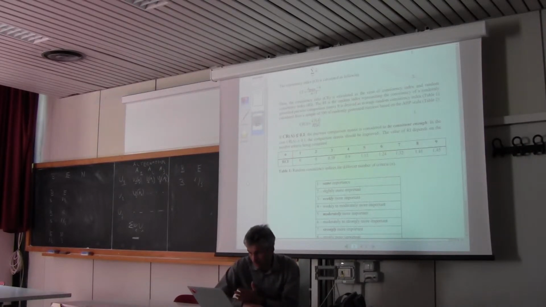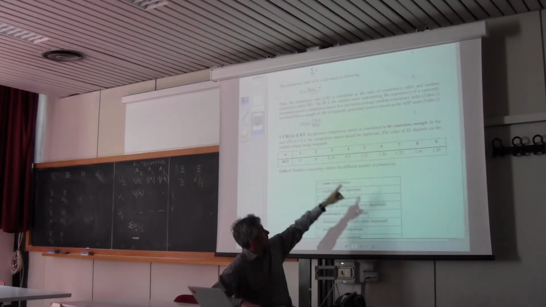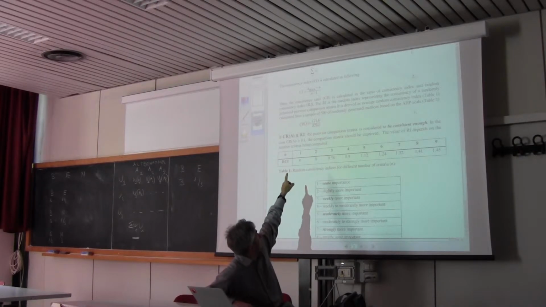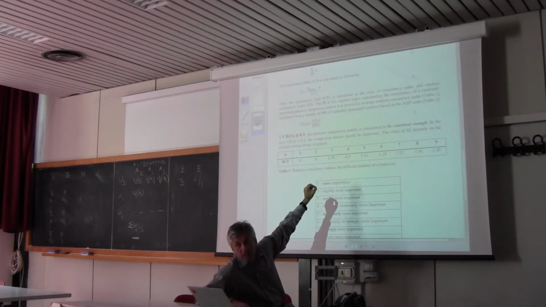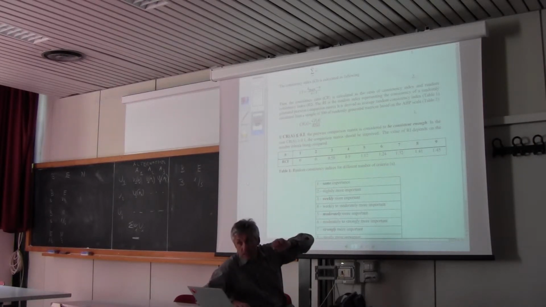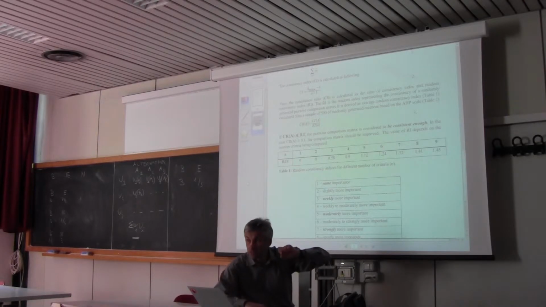So, what you see is that, let's look at the equation number 3, this left-hand side, CR, depending on A, is our consistency ratio that we want to compute. So this is the result that we have to find.